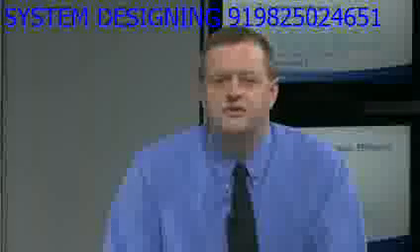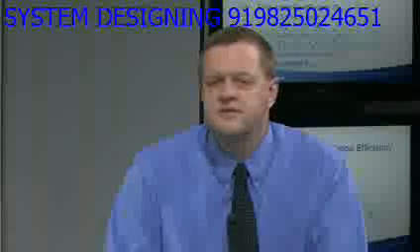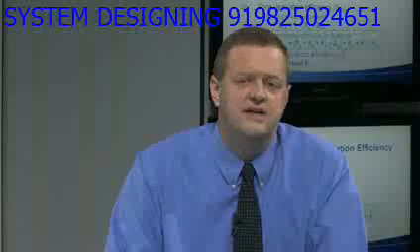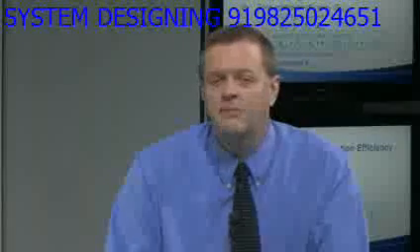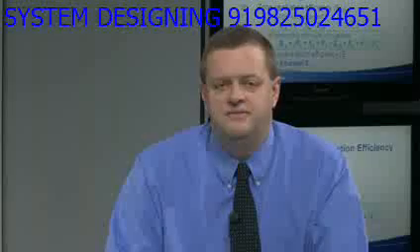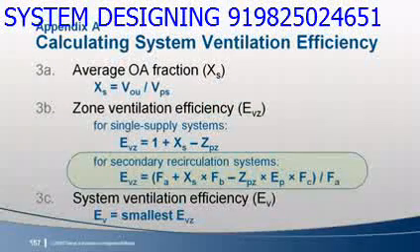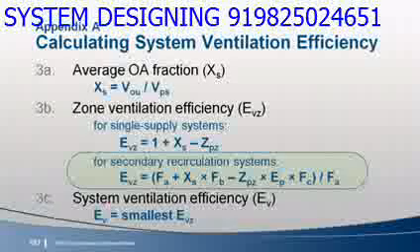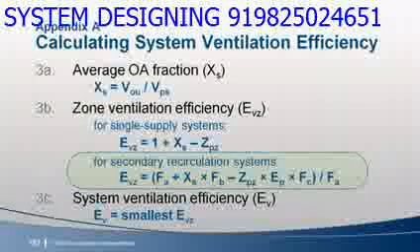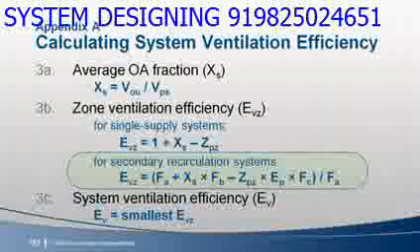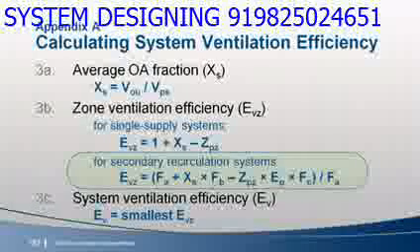When a system has two recirculation paths, the method for calculating system ventilation efficiency in Appendix A is similar, but more complicated than for a single path system. First, we determine the average fraction of outdoor air in the system, X sub S. Again, this is the uncorrected outdoor air intake divided by the total system primary airflow.